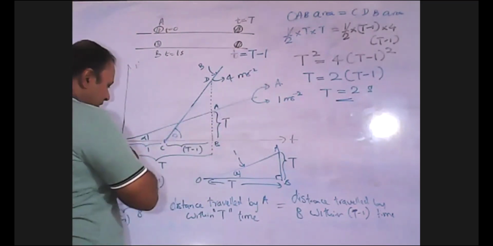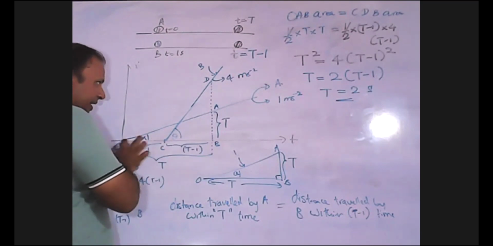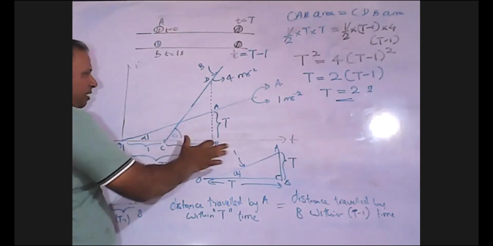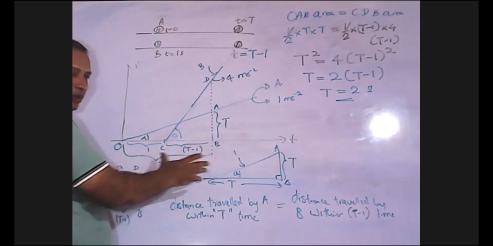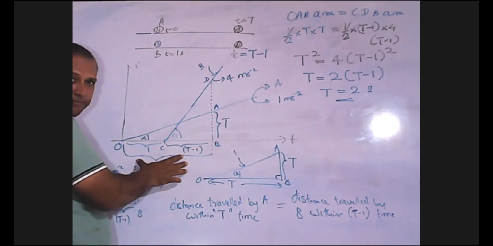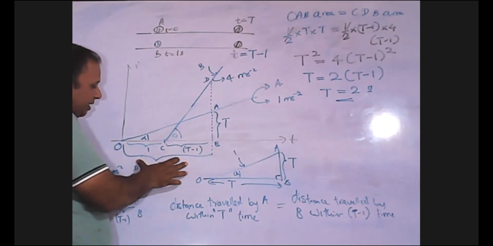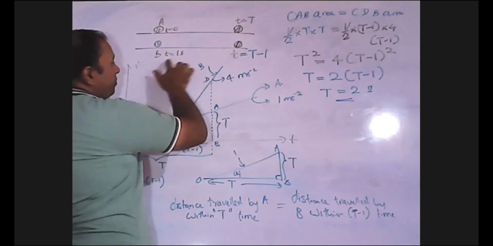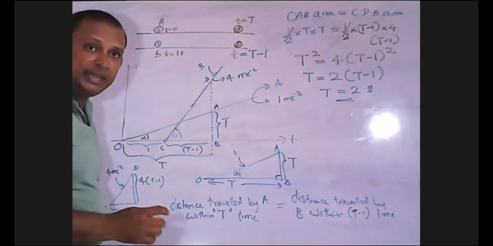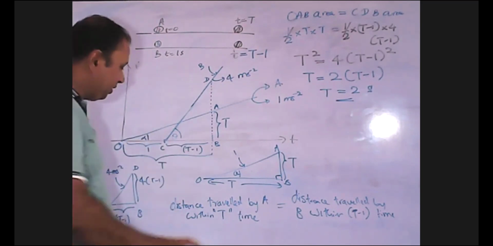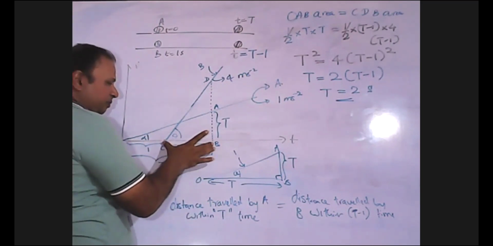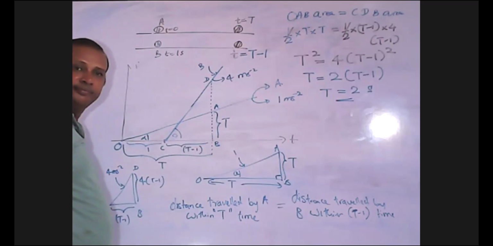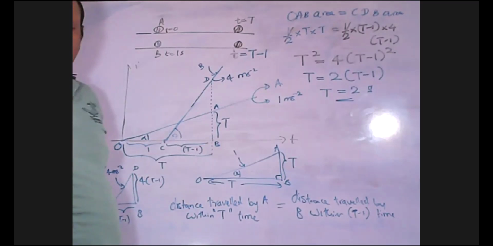So the time taken by A when B passes A is capital T. Then the time taken by B when B passes A is T minus 1. So T minus 1 means this portion. Did you get my point?